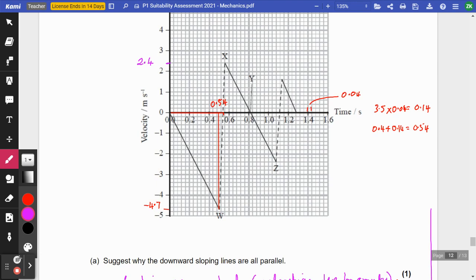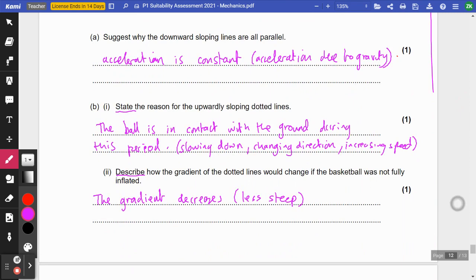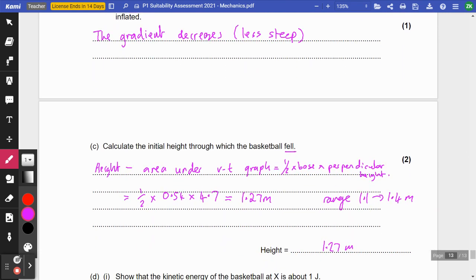I've got three squares and a half, so that's 3.5 squares times 0.04, that's 0.14. Add that on to 0.4, that's 0.54 from here to here. And then the area is a triangle, so it's half times base times perpendicular height. So half times 0.54 times 4.7, and that's 1.27 meters.